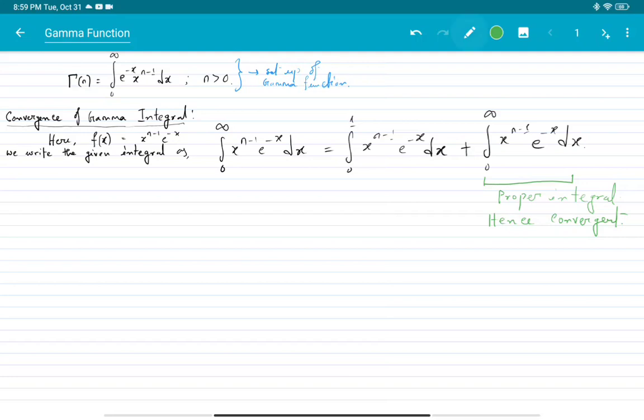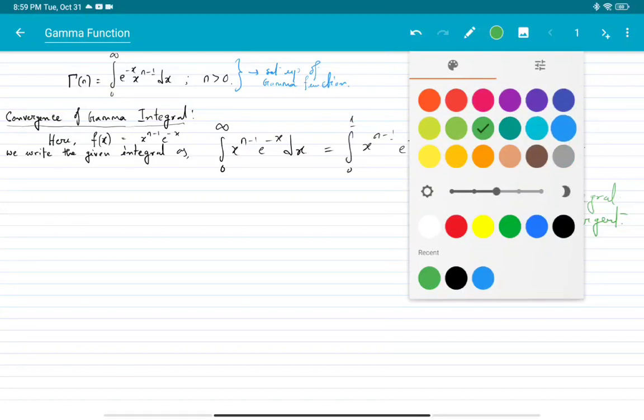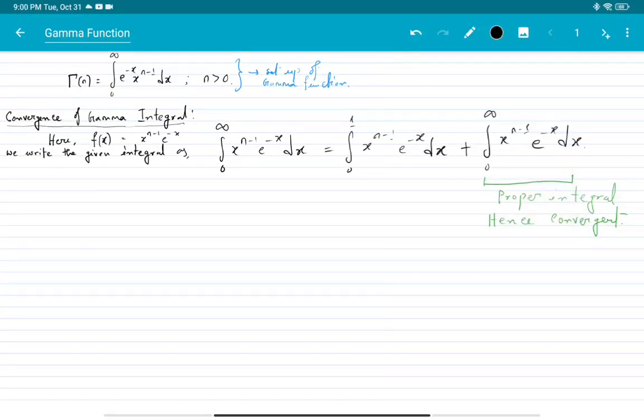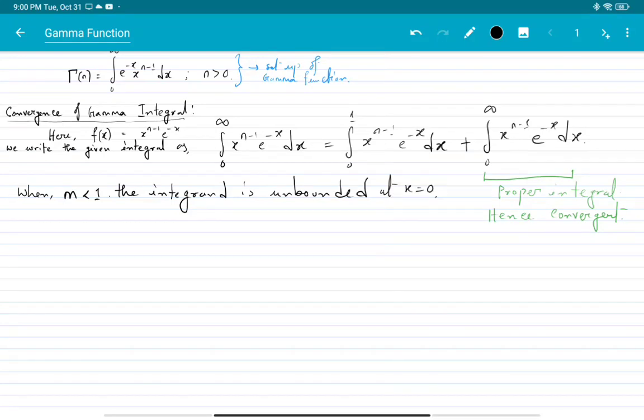But the question is about solving this integral. So when n is less than 1, the integrand is unbounded at x equals 0.